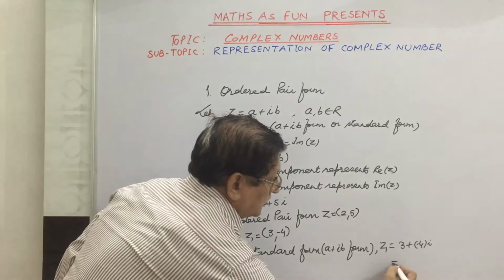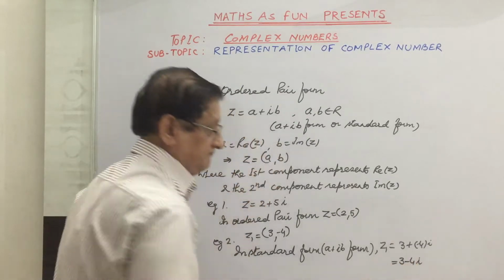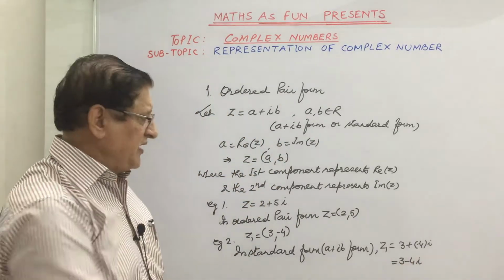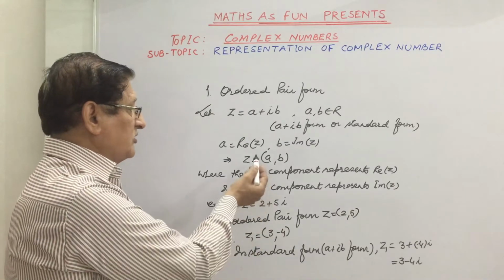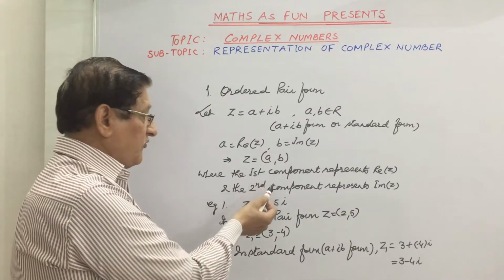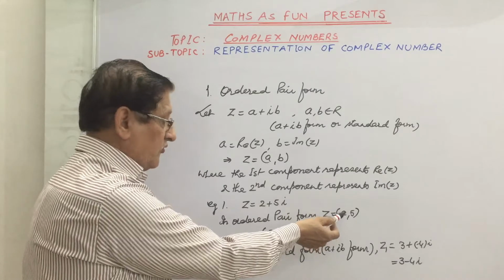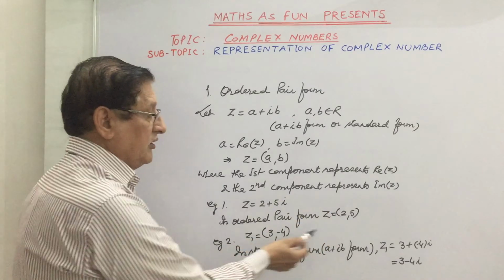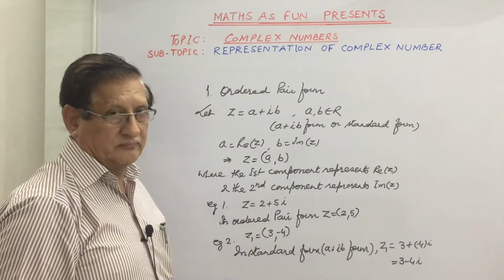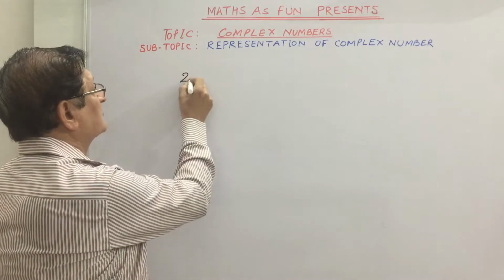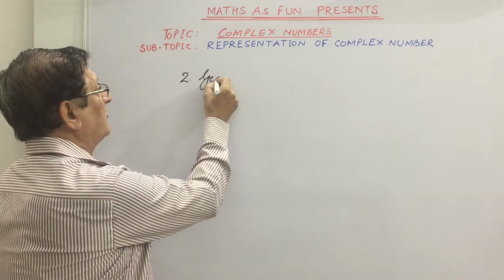That is equal to 3 minus 4 iota. This makes you clear how to convert the standard form into the ordered pair form and ordered pair form into the standard form. The second one is geometrical form.